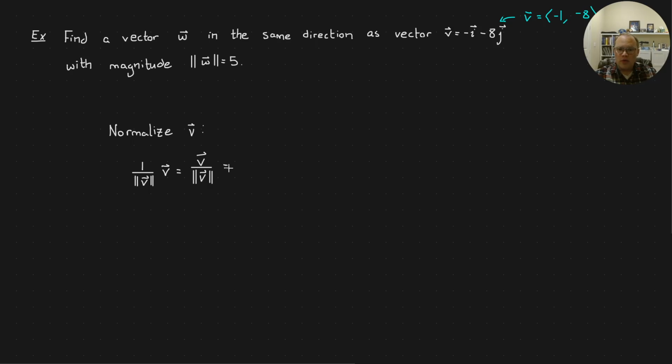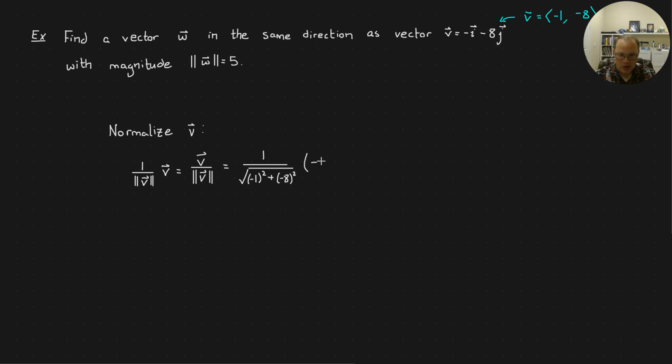All we're going to do is take 1 over the norm of v. That's going to be the square root of the first component squared plus the second component squared, looking at those components of v. Okay, that's the norm of v right there. And then we multiply by vector v itself.